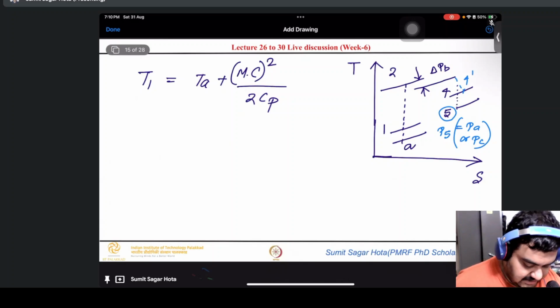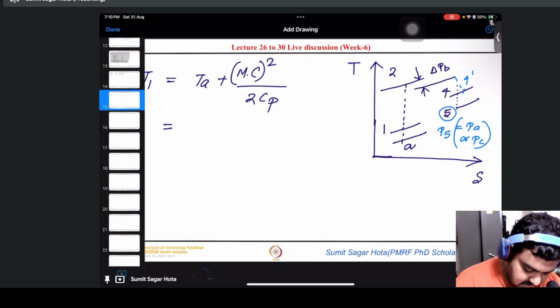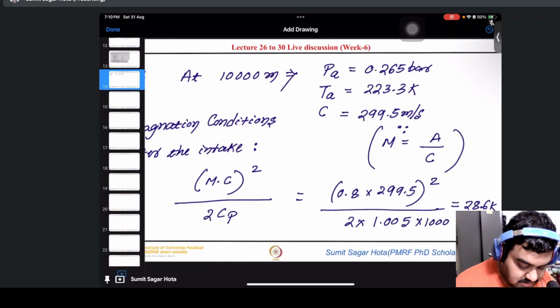So what is the TA value? We already have the TA value. If you can see here, TA value is 223.3 Kelvin, and MC square by 2CP we got 28.6 Kelvin.